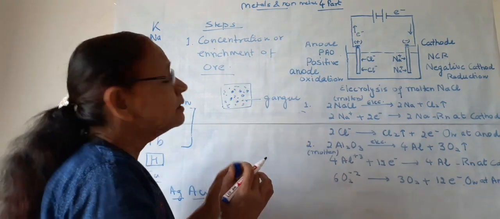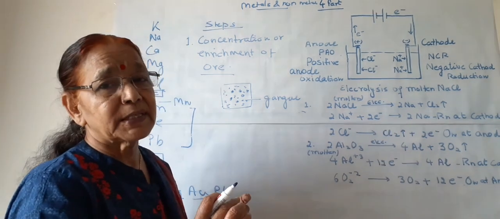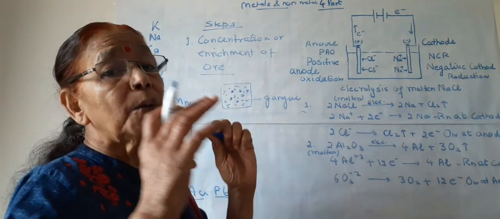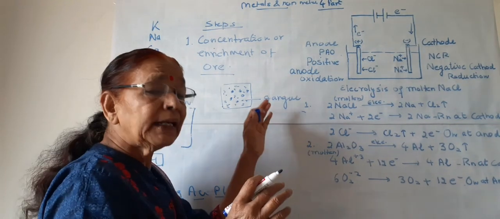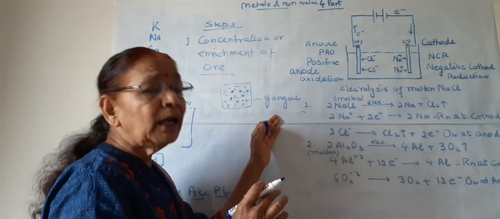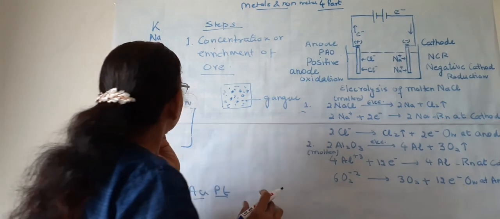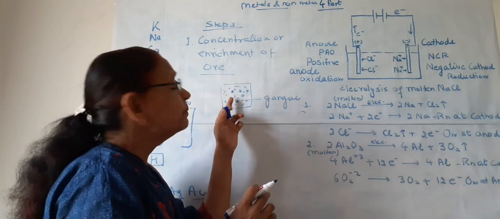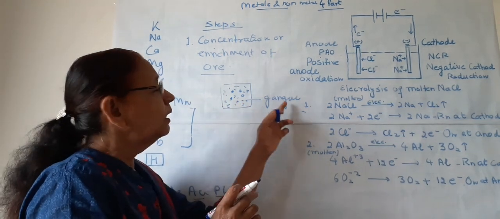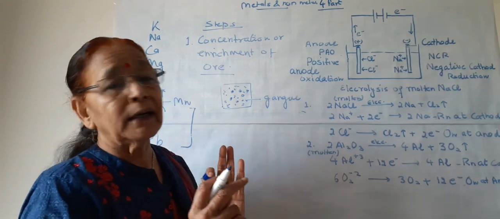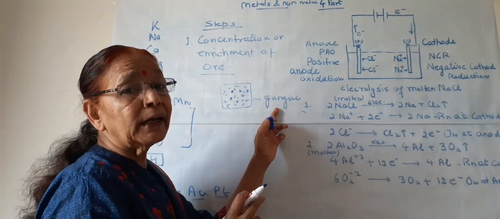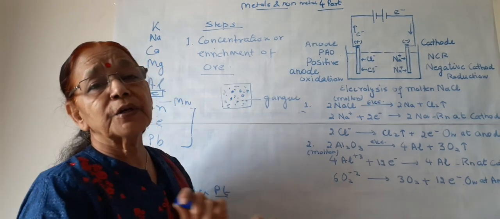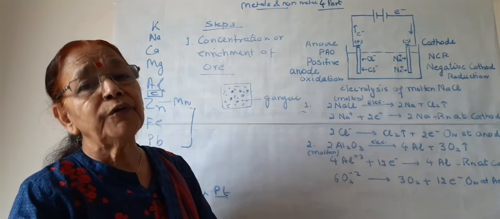So this gangue is removed by different processes, and these processes depend upon the physical and chemical nature of gangue, and also the physical and chemical nature of the metal which is present in this block along with this gangue. So the removal of gangue or impurities is known as concentration or enrichment of ore.